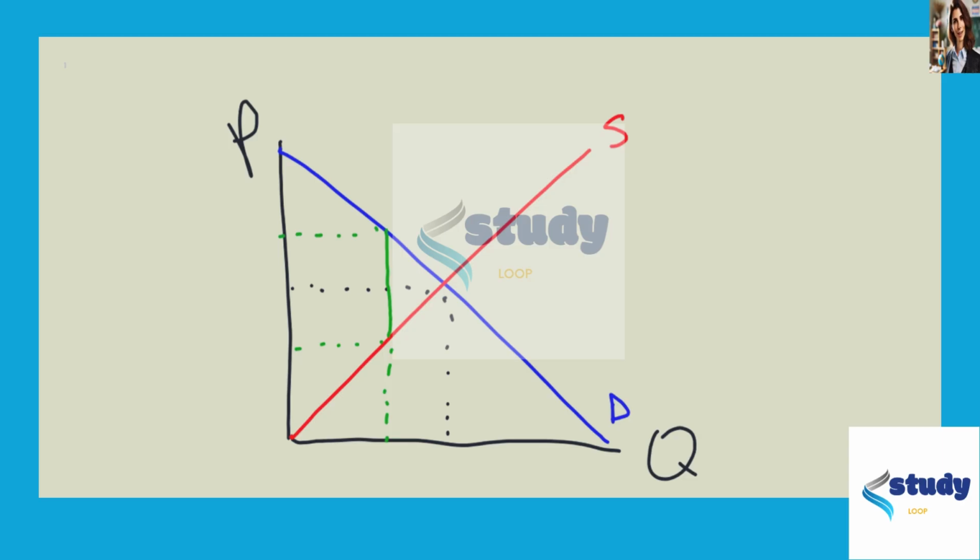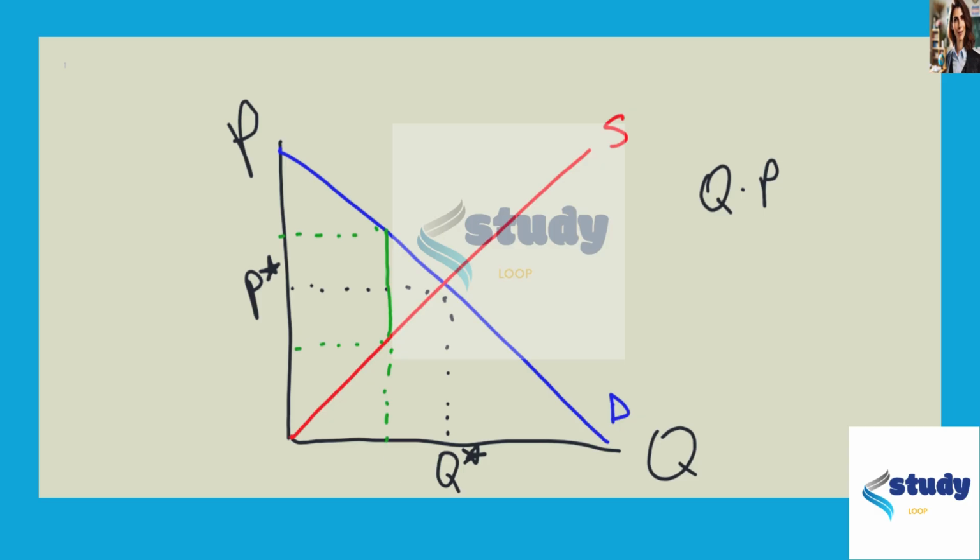Total spending by consumers. Let's do that first. Total spending by consumers was previously Q times P, right? So it was our original Q star and P star. Those were the original price and quantity. Now, what is the new price and quantity?